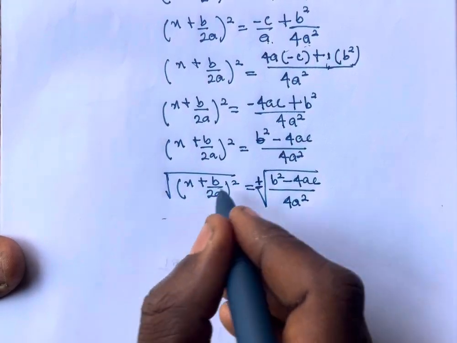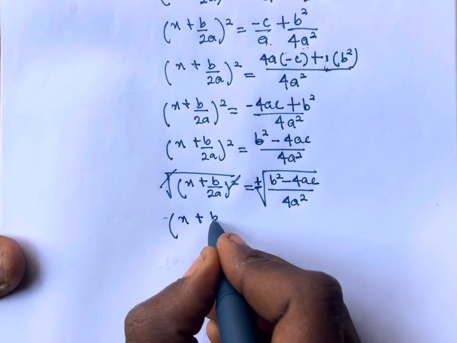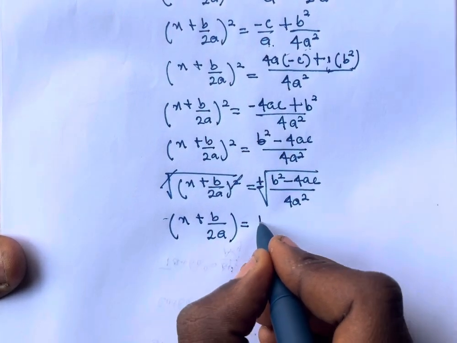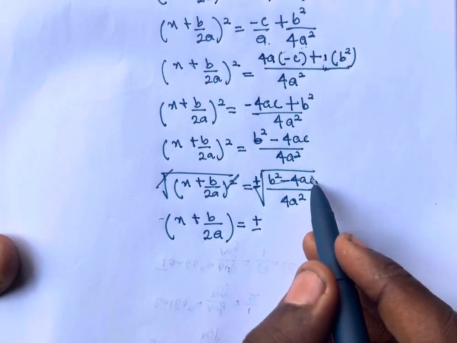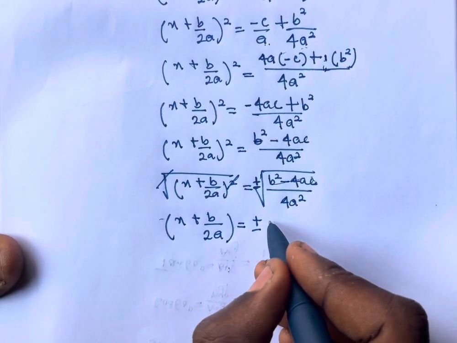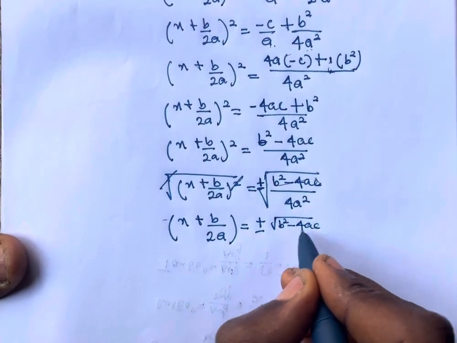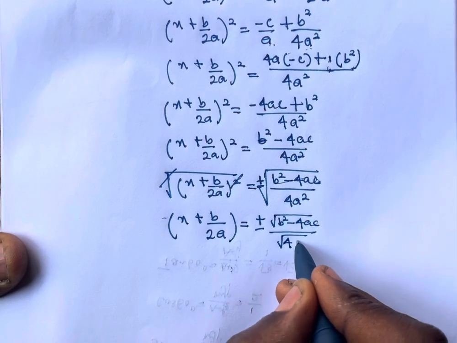And here we cancel out this square. We have x plus b all over 2a is equal to plus or minus. We have to distribute the square root to both the numerator and denominator. So we have the square root of b squared minus 4ac divided by 4a squared.